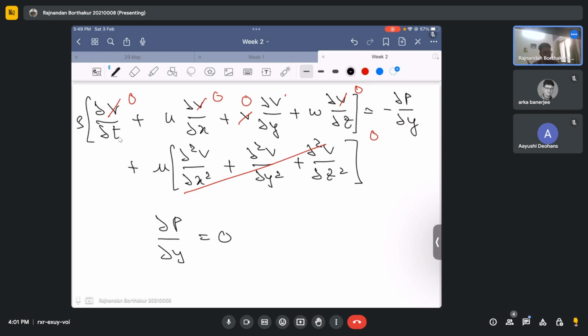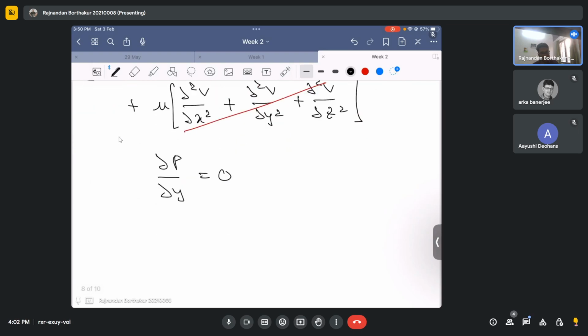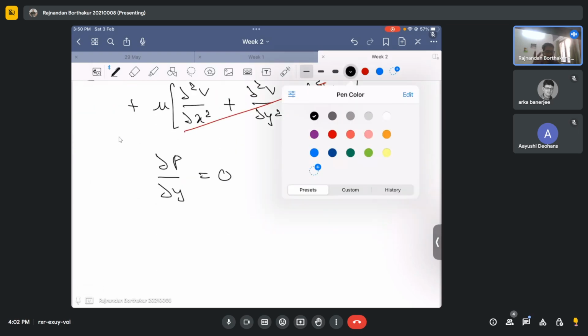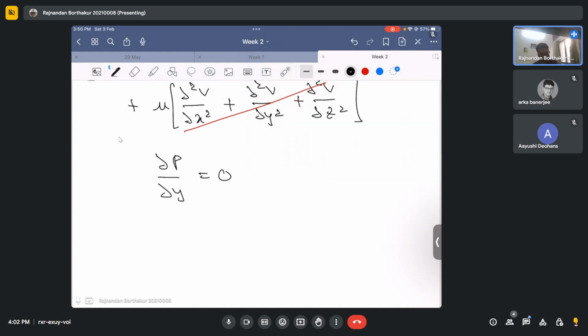I would again repeat, the consequence of del p by del y being 0 is that had del p by del y not been 0, there would be a fluid flow in the y direction, and that would not be possible because we are invoking the 1D assumption. So this is the consequence of the y momentum equation. Similarly, from the z momentum equation you can show that del p by del z is also equal to 0.